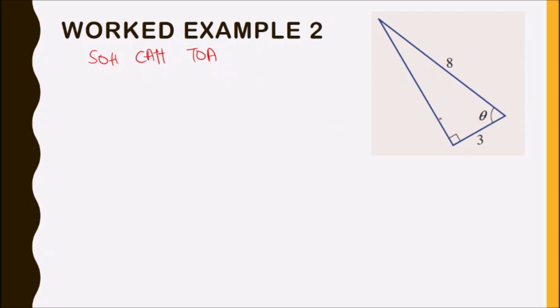So opposite the right angle is the hypotenuse, which is H. Opposite the theta is the adjacent, which is A. And opposite the angle is the opposite side, which is O.